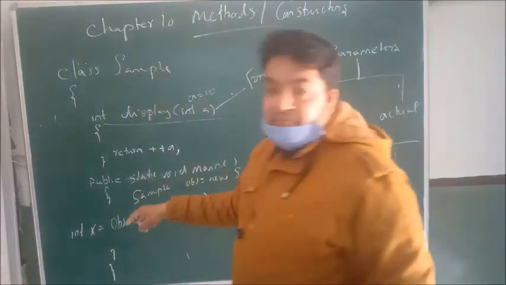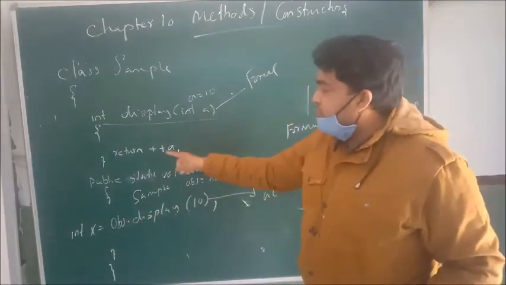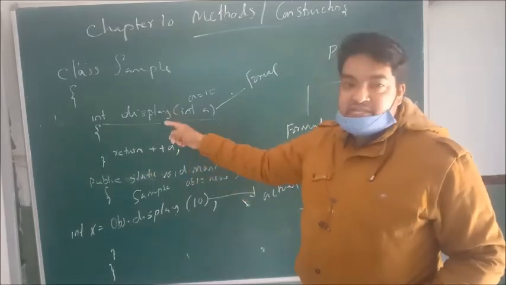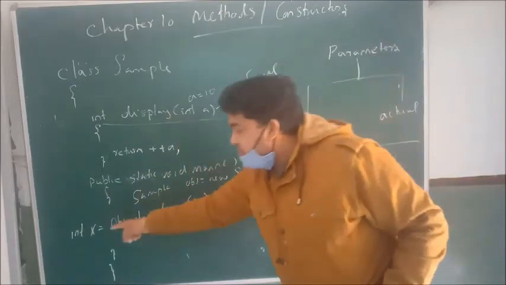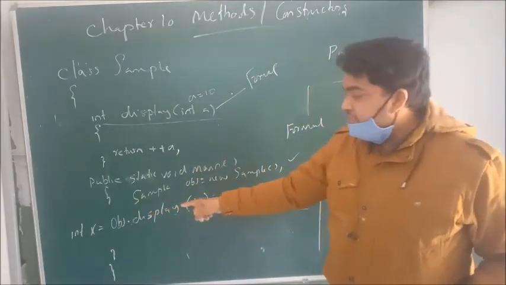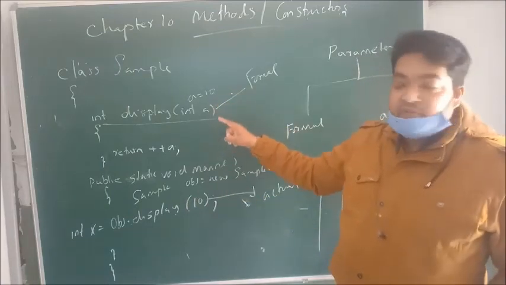If you want to make use of this function, because obj.display is going to return an integer value, that returned value should be stored in a variable. So that is why I am using int x is equal to obj.display. So I hope you understand what is formal and actual.